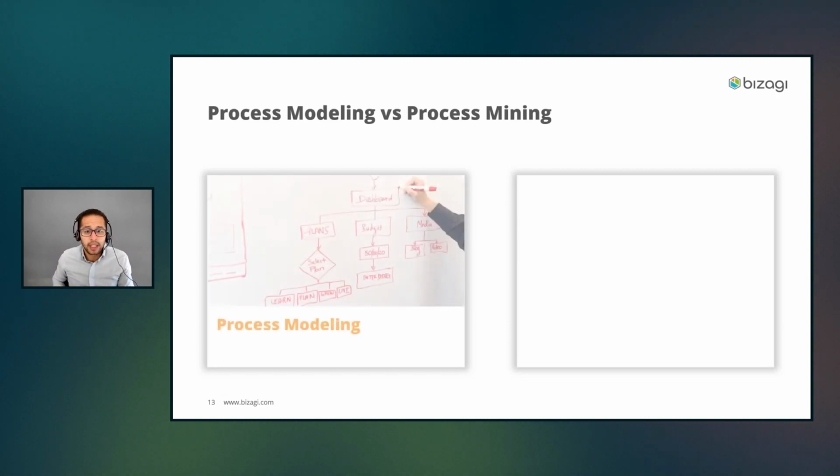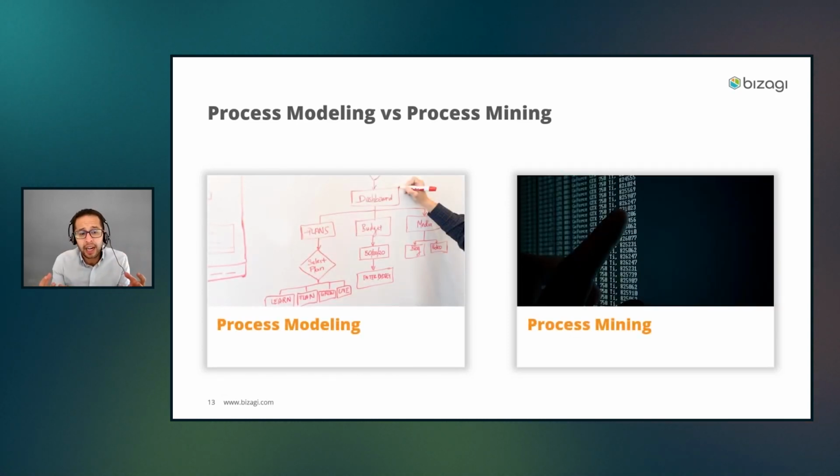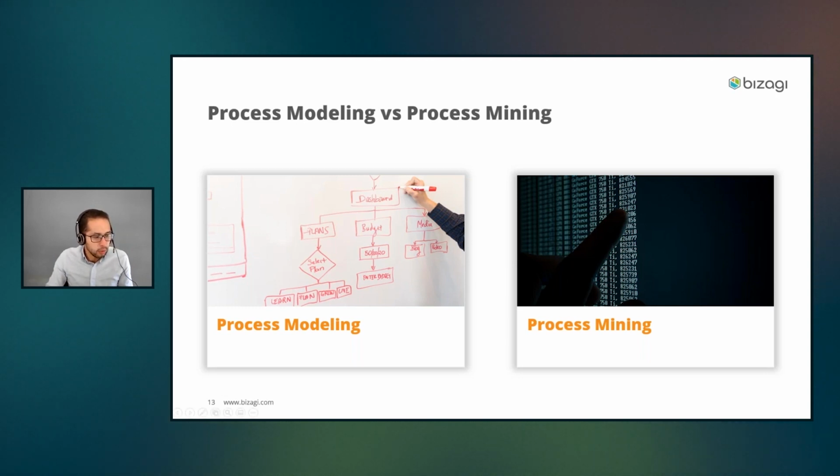The idea, guys, is that process modeling and process mining are not equivalent, but they are also not in competition. It's not that they are fighting each other. At the end, they are actually complementary.